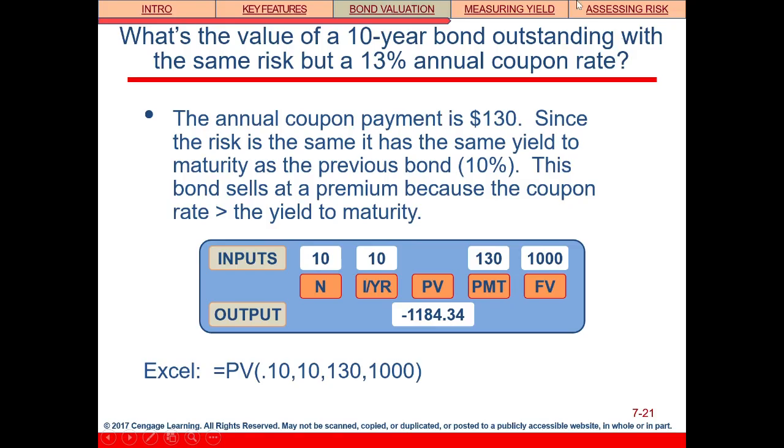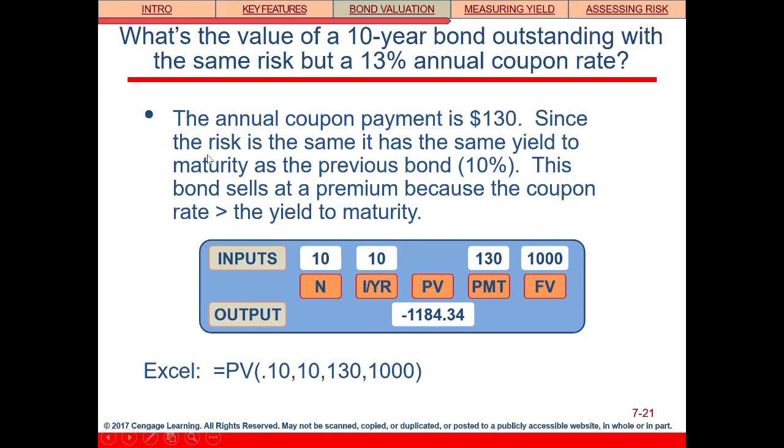Because the face value is $1,000 and it's annual, here it's not semi-annual compounding. Therefore, PMT equal to 130, FV equal to 1,000, N equal to 10, and the market interest rate is the same 10% because it's the same risk.